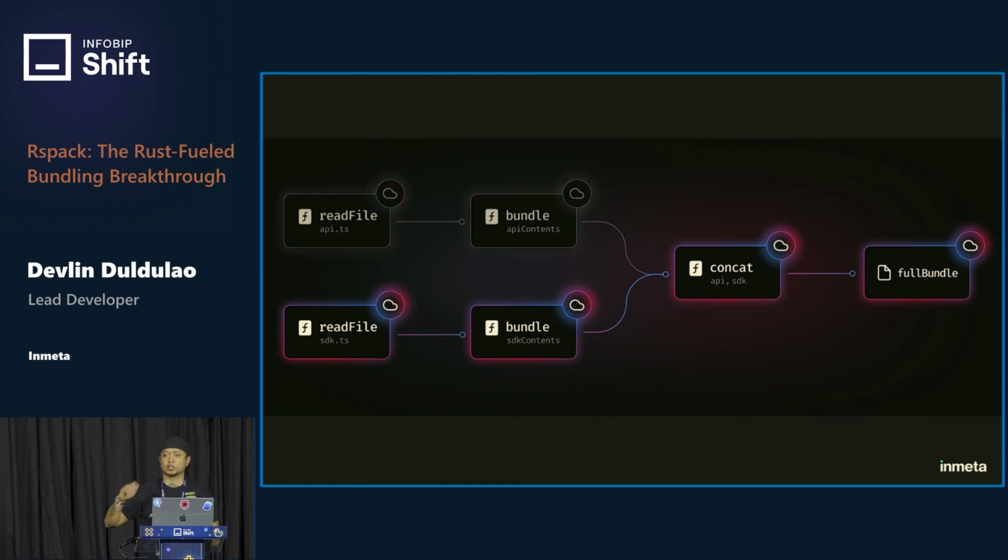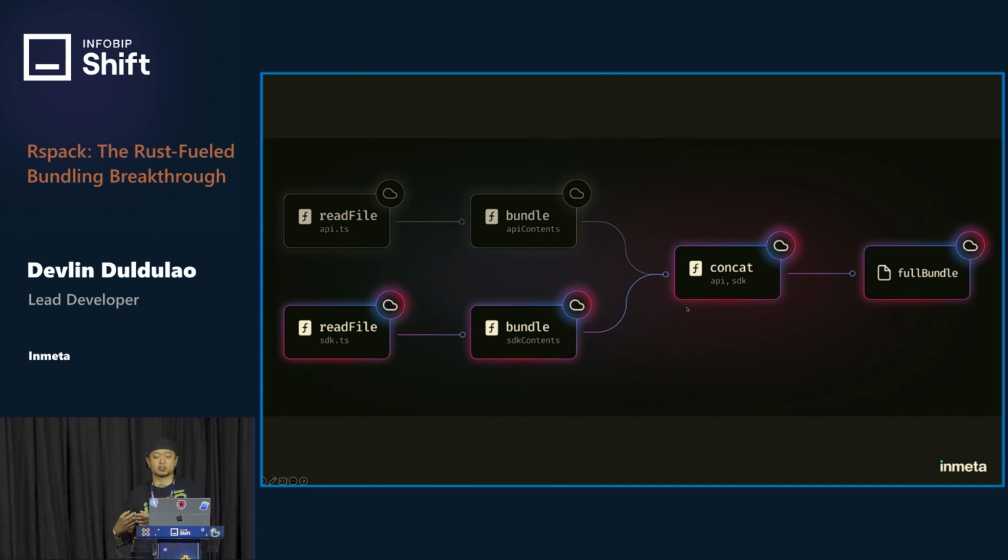On subsequent runs, if a specific file such as SDK.ts, for example, was modified, TurboPack only needs to redo the steps related to that file, as you can see here, and it doesn't need to read or bundle the unchanged files like API.ts.